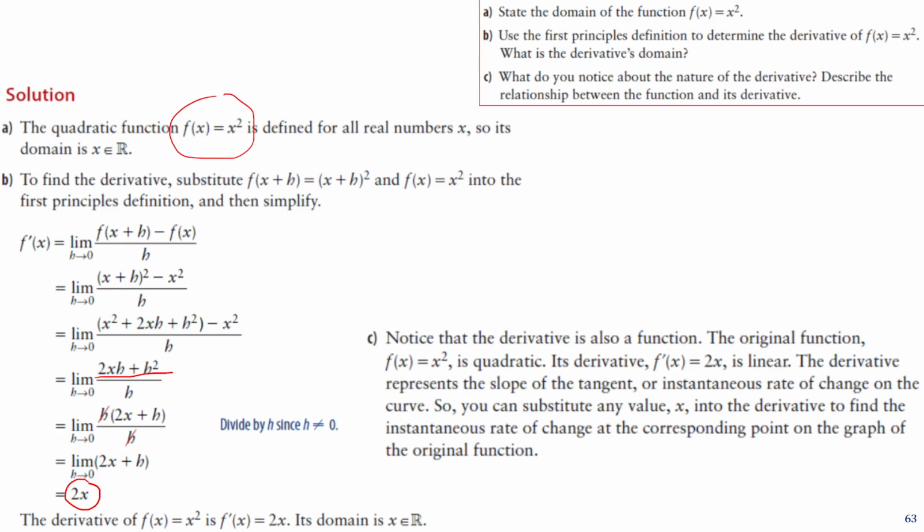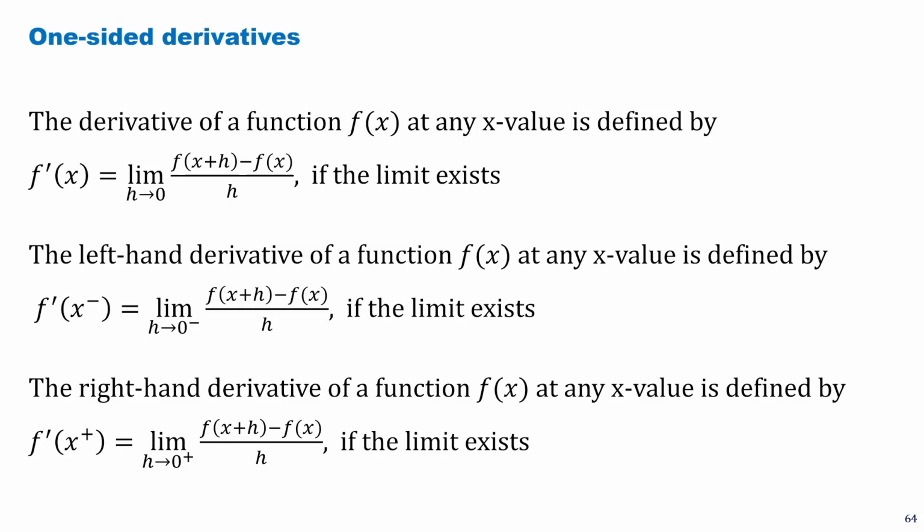And also note that for limits, we have one-sided limits, right? And when we talk about continuity, we also talk about one-sided continuity. So similarly, we can also define one-sided derivatives, because the derivative is defined using limits. If you have a one-sided limit, then of course we will have one-sided derivatives, right? The derivative of function f(x) at any x value is defined by this, if the limit exists.